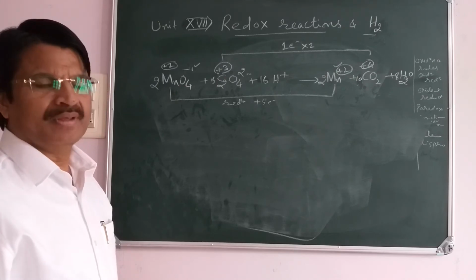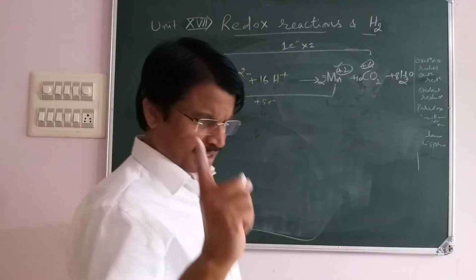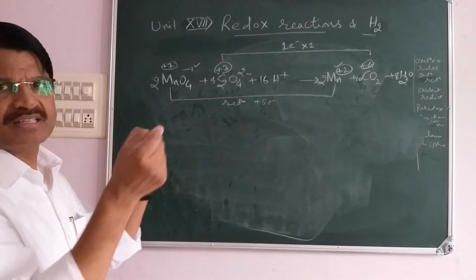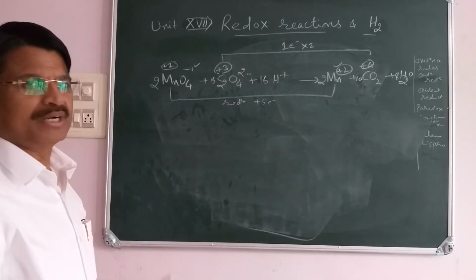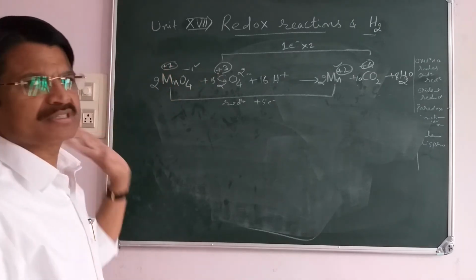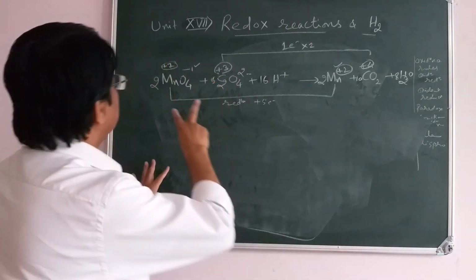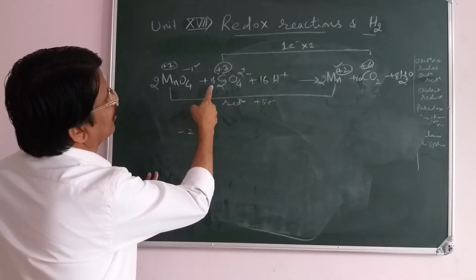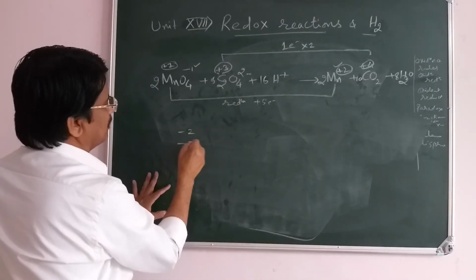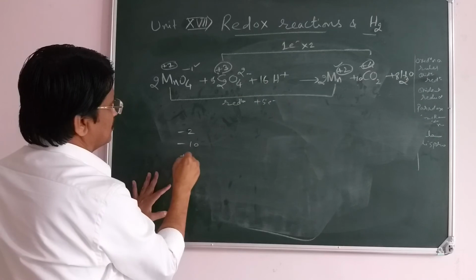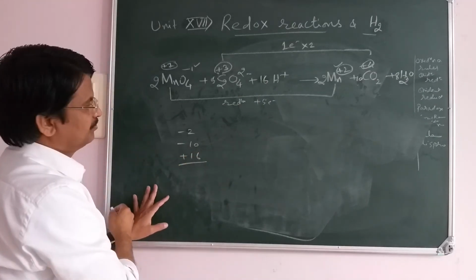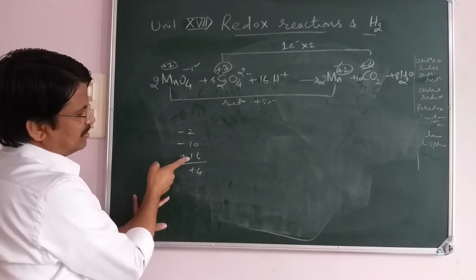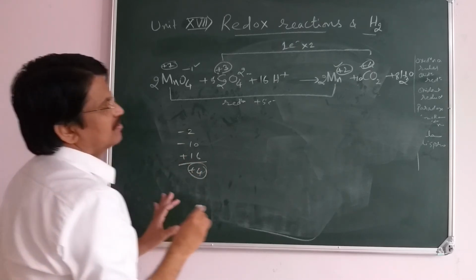Over. And the last step, most important, you have to check by balancing the charges. Now I told you, don't consider oxidation numbers for balancing the charges. 2 into minus 1, minus 2, 5 into minus 2, minus 10, plus 16, equal to plus 4 on the LHS.